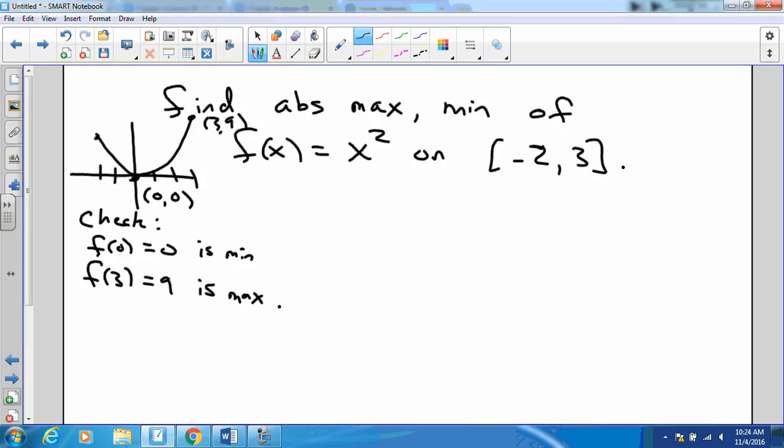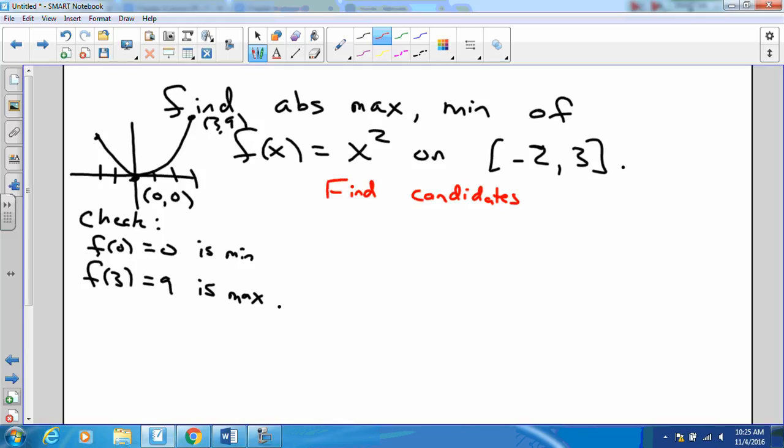But how do we actually use our theorem to find those, especially if this function were more complicated? The basic method we're going to use is to consider the critical points and the endpoints to be candidates for maxes and mins. So we begin by finding the candidates. Out of all of the infinite values between negative 2 and 3, we restrict ourselves to only the endpoints and the critical points.